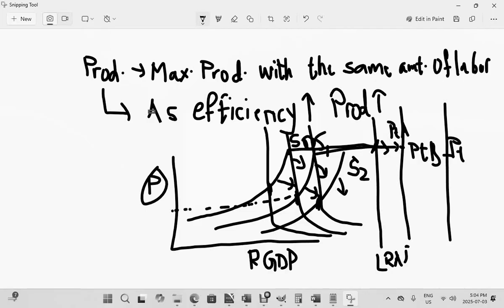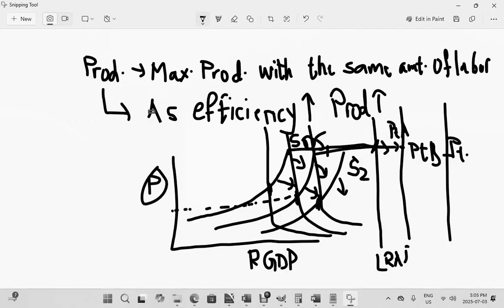So the foundation, the concept, as far as the supply and long range average supply curve is concerned, as the supply curve shifts to the right, it leads to higher potential GDP, which means the nation is able to produce more because of productivity.